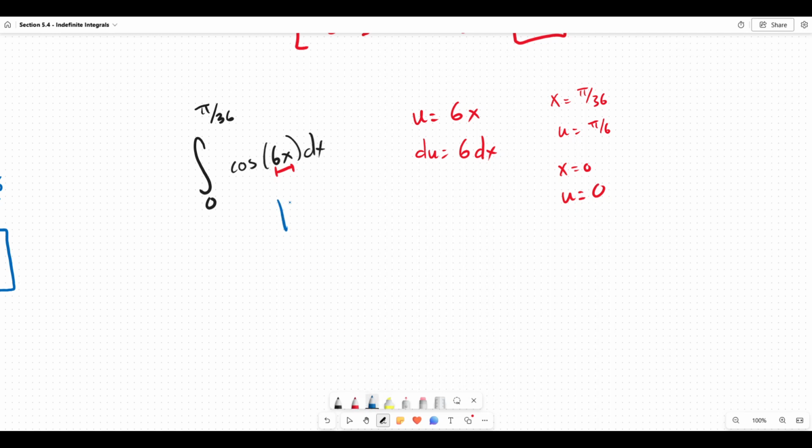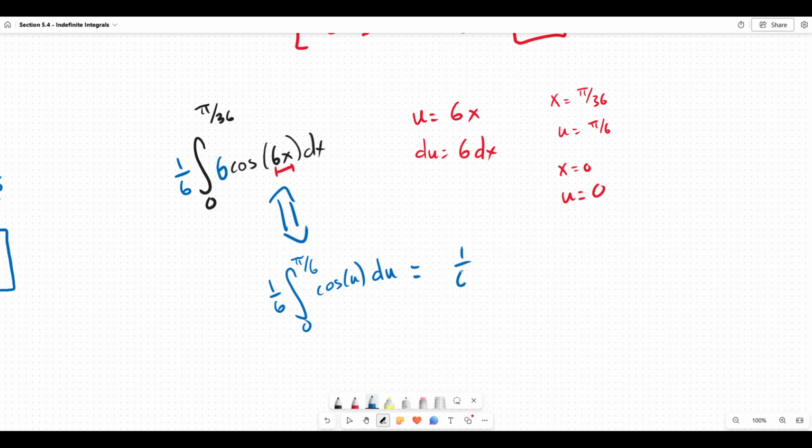So we translate this. This is the integral from 0 to pi over 6 of the cosine of u. Once again, where do I get the 6 from? I can multiply by 6 as long as I divide by 6. And again, I can only do that with constants.